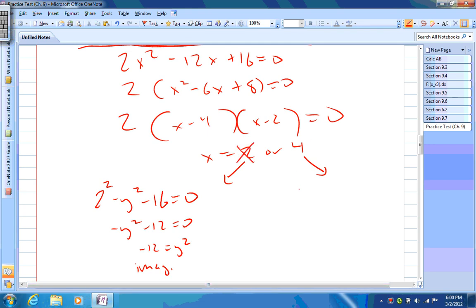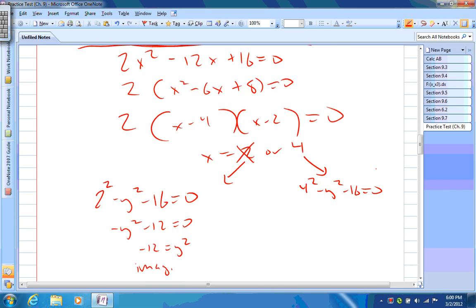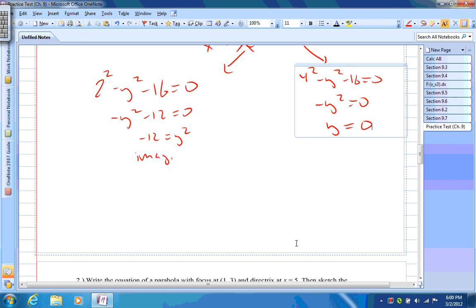So we've got to get rid of that one. But here, 4 squared minus y squared minus 16 equals 0. Again, I'm plugging into the second equation since that's a little bit easier to do. You get negative y squared equals 0. Of course, y equals 0. That's okay. So the answer for that one is going to be 4 comma 0. So we proved that algebraically, and graphically it makes sense.